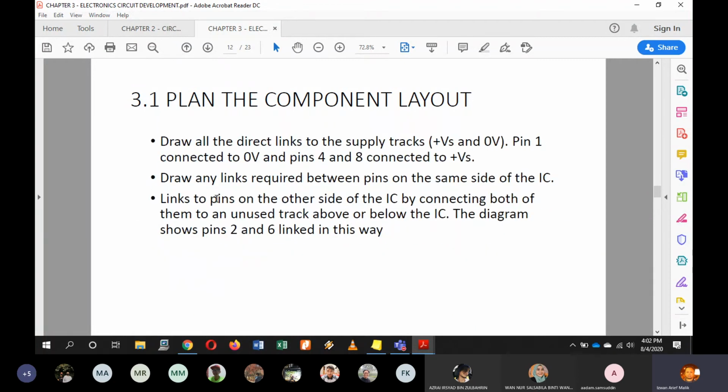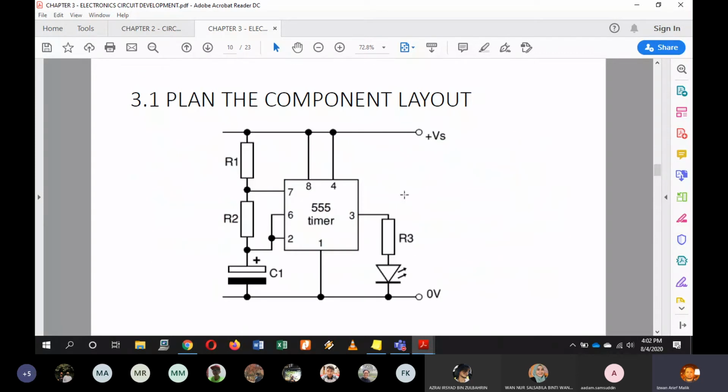And then draw any links required between pins on the same side of the IC. So if there are any, nanti kita tengok. Links to pins on the other side of the IC are made by connecting both of them to an unused track above or below the IC. The diagram shows pin 2 and 6 are linked this way. So kita tengok 2 and 6, they are connected together and then will be connected between R2 and C1.